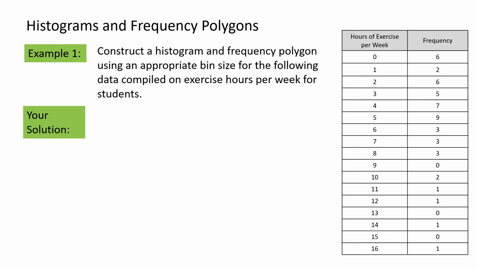So if I break this up into groups of 4, I have 0, 1, 2, and 3 as my first bin, which would be 0 to 4 because it does not include 4. 4, 5, 6, and 7 in my second bin. 8, 9, 10, and 11 in my third bin. 12, 13, 14, and 15 in my fourth bin. And then my fifth bin would go from 16 to 20.